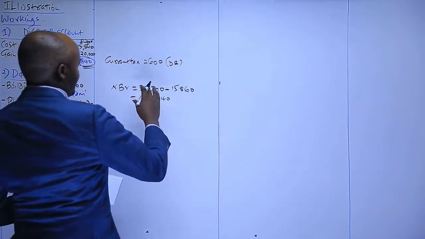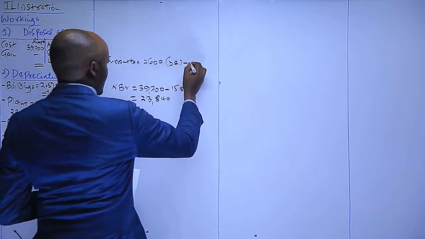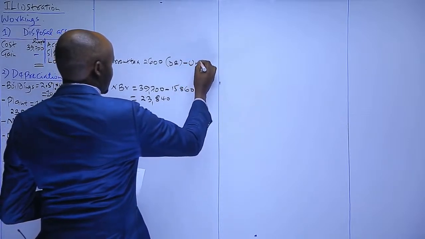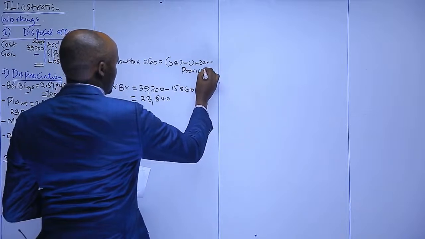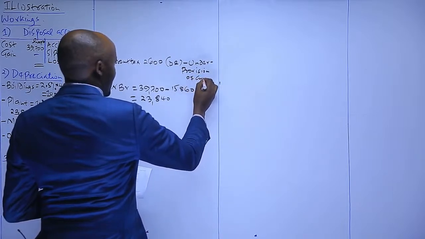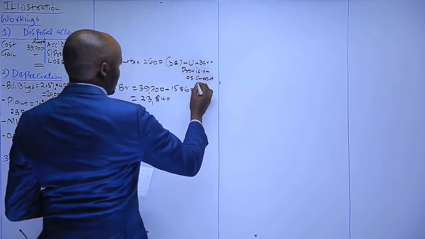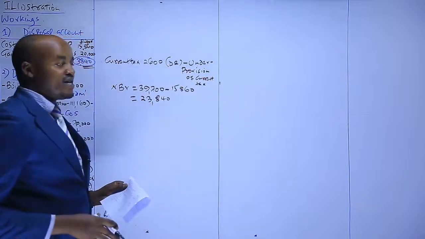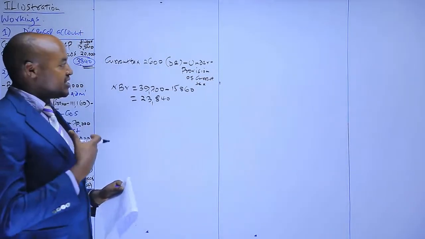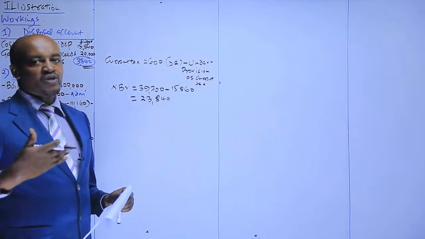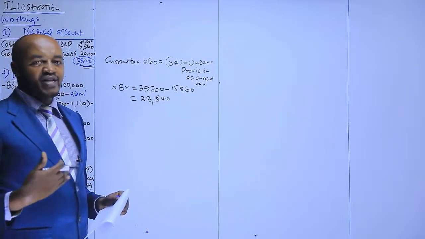So this particular amount here is what is under provision, of what? Of current tax. Because under provision of current tax from the previous years has a debit balance in the trial balance. But if it was over provision, it will have a credit balance.